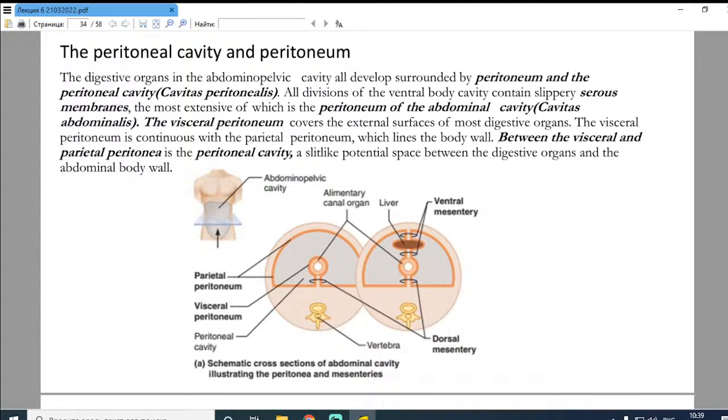This is peritoneum, divided into visceral peritoneum and parietal peritoneum. The visceral peritoneum covers the external surface of most digestive organs. The visceral peritoneum is continuous with the parietal peritoneum, which lines the body wall.